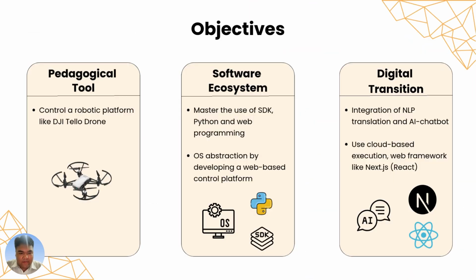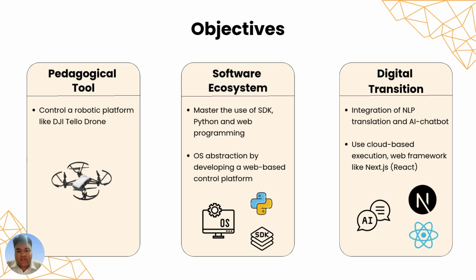For the objectives in each of the three contexts: for the pedagogical one, I can control a robotic platform like the DJI Tello drone. For the software ecosystem, I can master the SDK for this drone, and I also use Python and web programming to control it. For OS abstraction, I can use various OSes like Linux, Ubuntu, macOS or Windows.